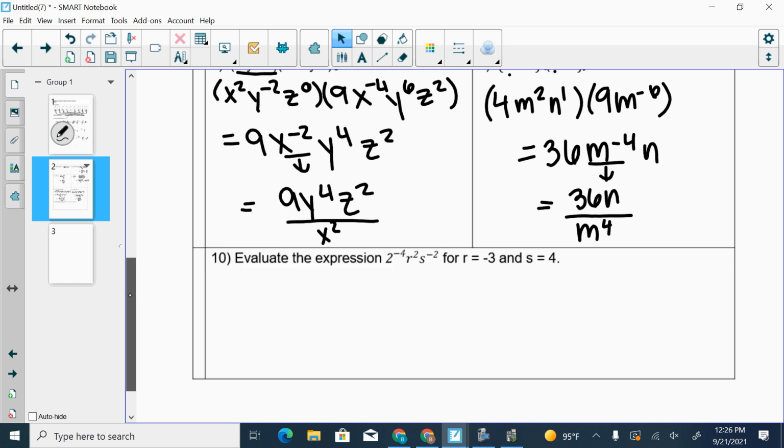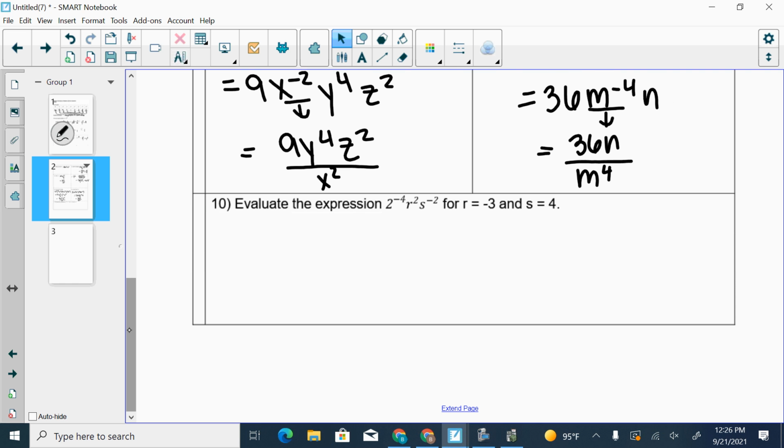All right, the last one. It says we're going to evaluate this expression for r being equal to negative 3 and s is equal to 4. So I'm going to rewrite this. We got 2 to the negative 4. But instead of r, what am I supposed to plug in for r? Good. So I got negative 3 squared. And then s, what am I supposed to plug in for s? 4 raised to the negative 2, right? And are there any variables left?